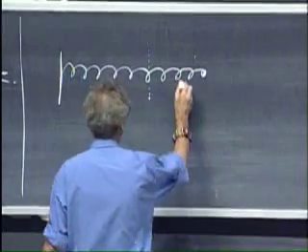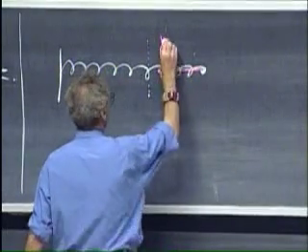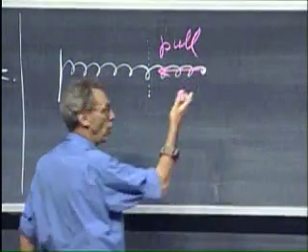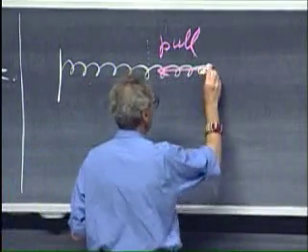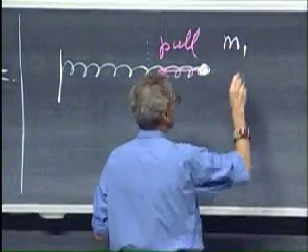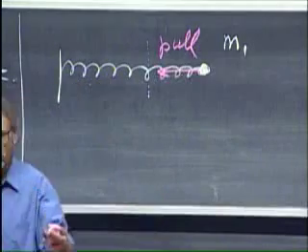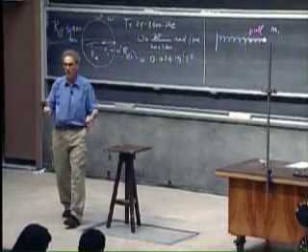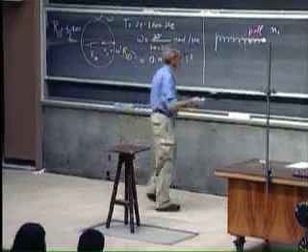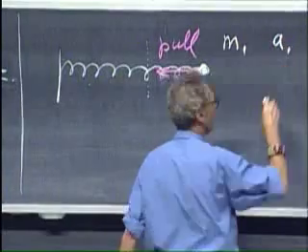And I know that when I do that, there will be a pull, non-negotiable. I put a mass m1 here, and I measure the acceleration that this pull causes on this mass immediately after I release. I can measure that. So I measure an acceleration a1.